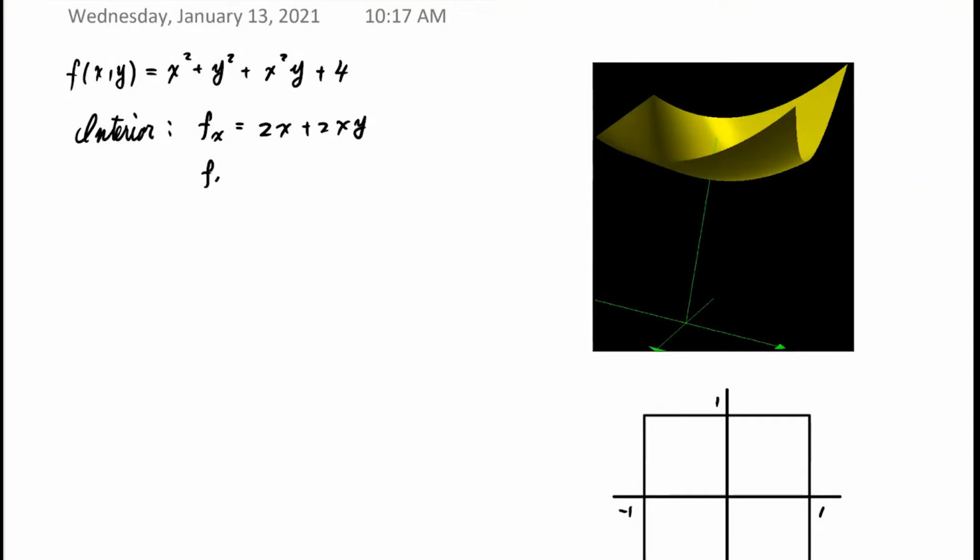We calculate this, kind of like the first derivative. And f_y is 2y plus x squared. Good. Now we set them equal to 0. So set this equal to 0 as well as set this equal to 0.